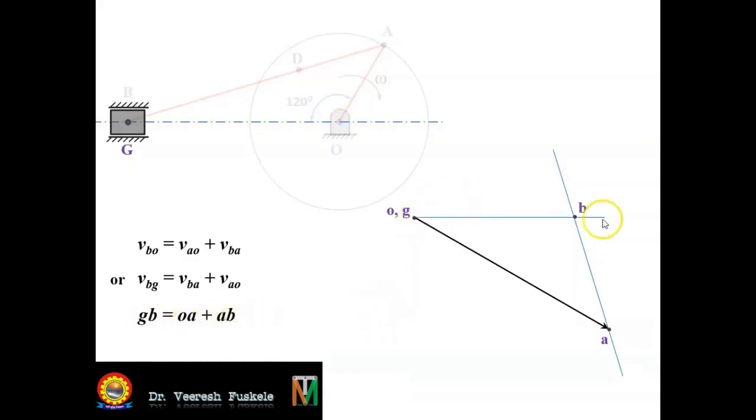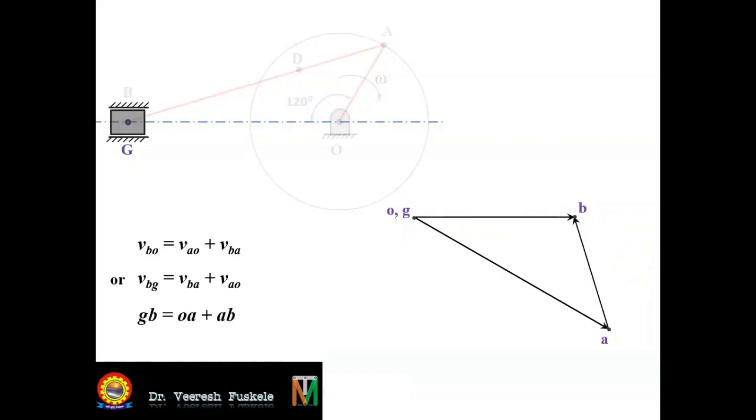So the sense and direction of the vectors will be as follows. OA plus AB will give you GB. So this is how you draw the velocity diagram.